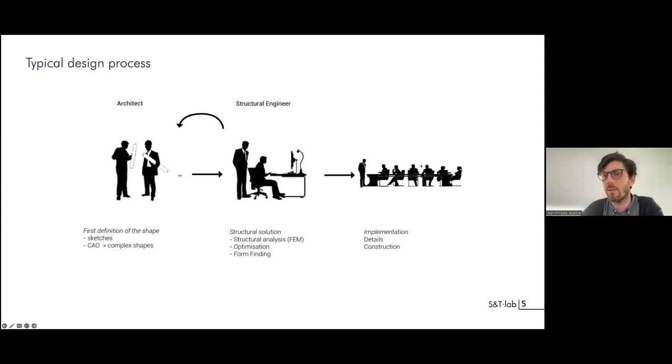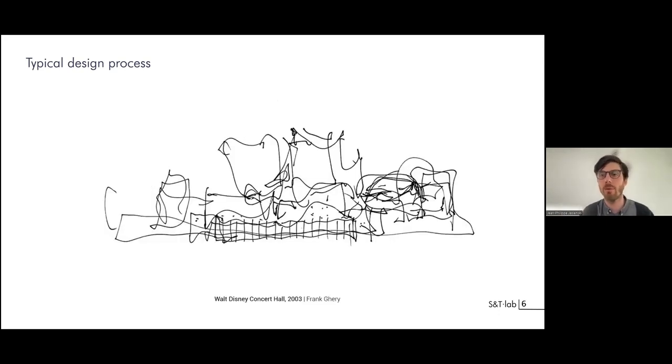Then in the end, when the project is more or less finished, there could be an implementation, some details and construction. This is the typical process; what I mean by typical is that it's not the only one, obviously, but it's really common in practice. The problem is that sometimes there are extreme examples like this one that you obviously know, the Walt Disney Concert Hall by Gehry, which is an interesting project.